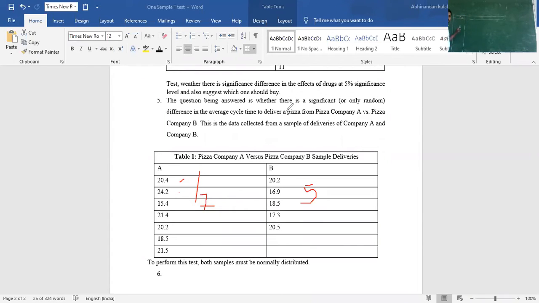This one is x1. The first sample I denote as x1 and the second sample x2.